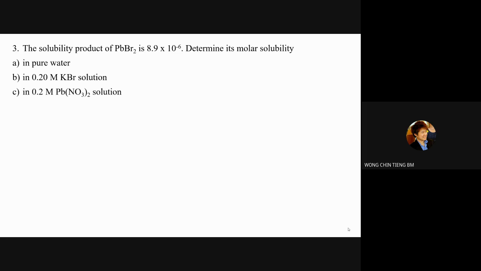The one in pure water should be easy for you. Okay. Make sure, check your equation. You should already have the equation. Open up your eyes and check your equation.